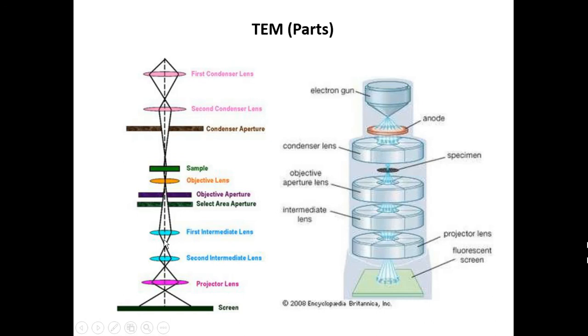Of course, that beam is now collimated, and that is actually given to this particular area. Then first and second intermediate lens will be available here, and then it is passed on to the projector lens where it is magnified further, and that magnified view of the image of this sample through which this beam has come will be now made available on the fluorescent screen. Okay, so this is the basic working of the TEM.